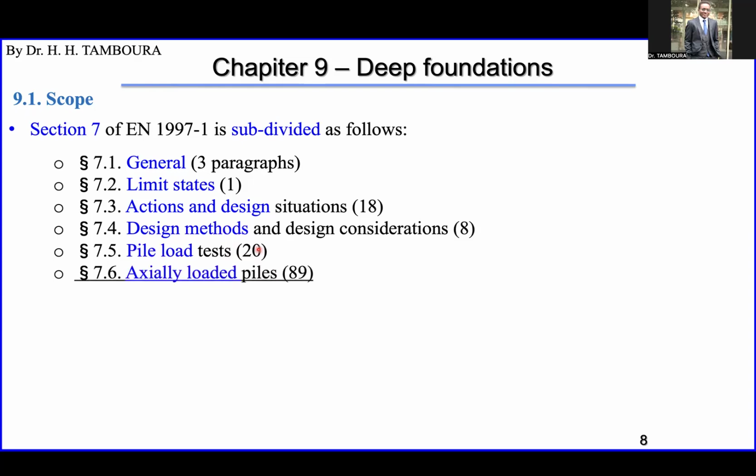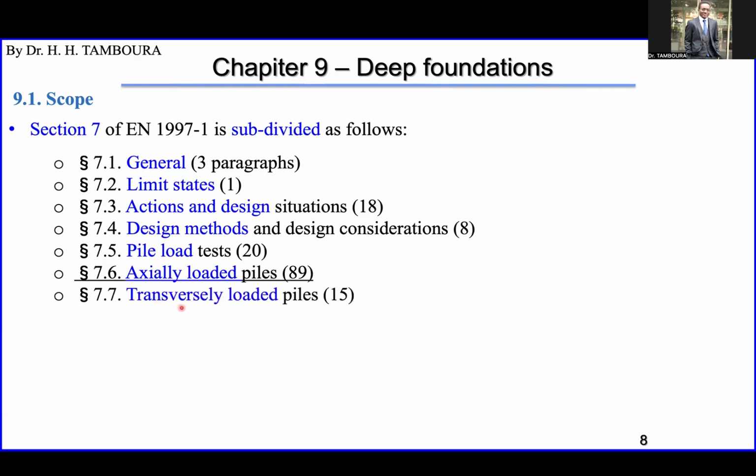And we have the biggest subsection of section 7 of Eurocode 7 Part 1, axially loaded pile. It means the estimation of vertical bearing capacity of pile. As you can see, it has up to 89 paragraphs. So it's really big.